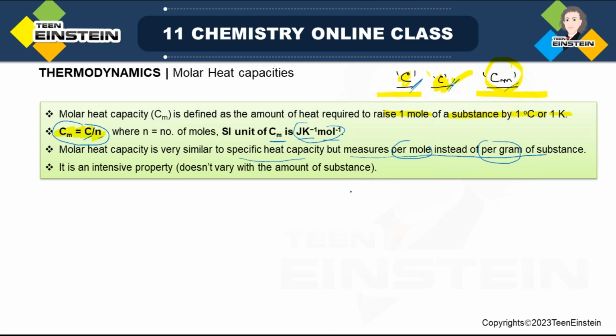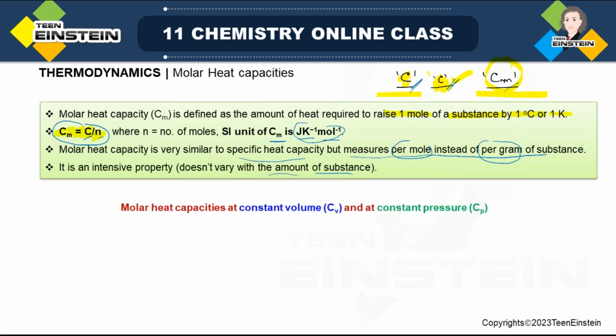Now it is also intensive, just like specific heat capacity, because in specific heat capacity it is already mentioned for per gram, but in this case you are also mentioning a particular fixed amount, which is per mole. So it doesn't vary with the amount of substance, and that means it is intensive, it is not extensive. Fine.